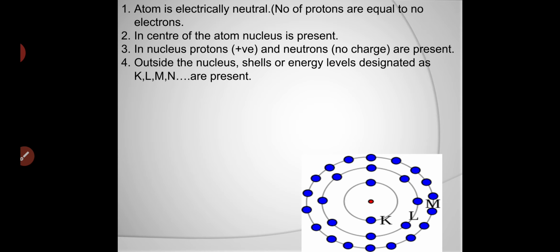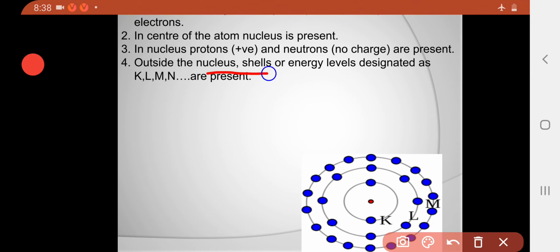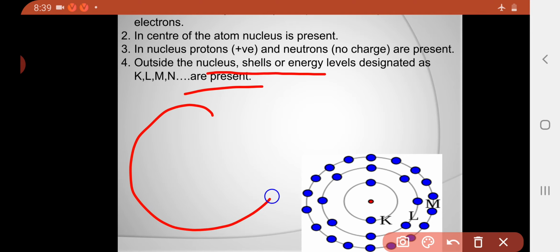Then he said that outside the nucleus there are shells. This is a very important point Bohr gave us: outside the nucleus, shells or energy levels designated K, L, M and so on are present. If there is an atom, at the center there is a nucleus containing protons and neutrons.